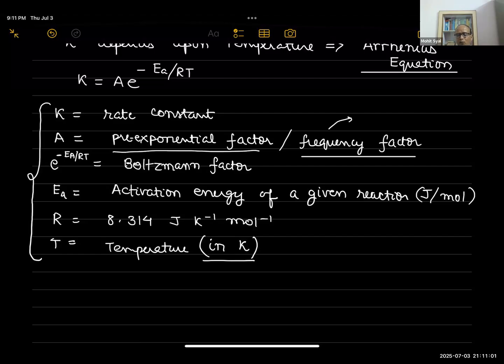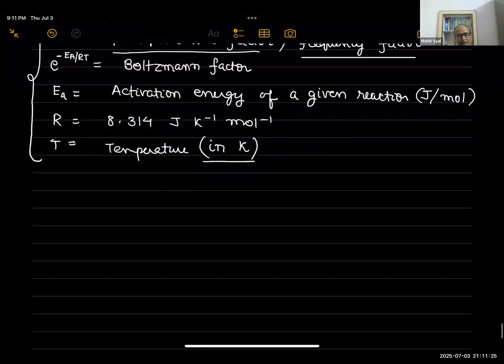It represents the collision frequency. And this is the Boltzmann factor, the exponential term, that is e to the power minus EA by RT. EA is the activation energy.